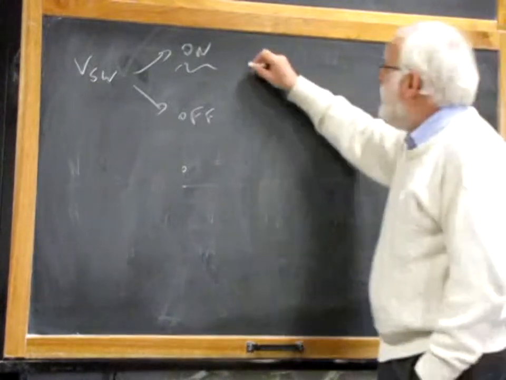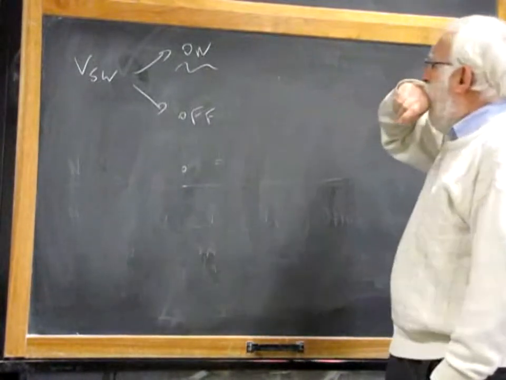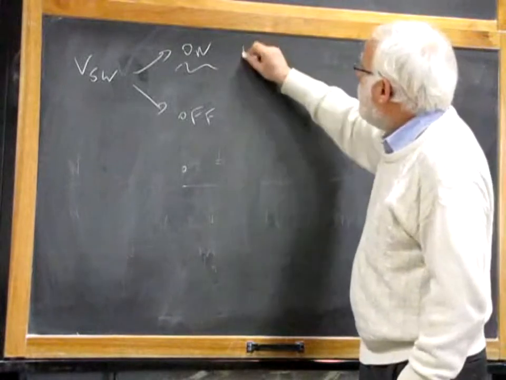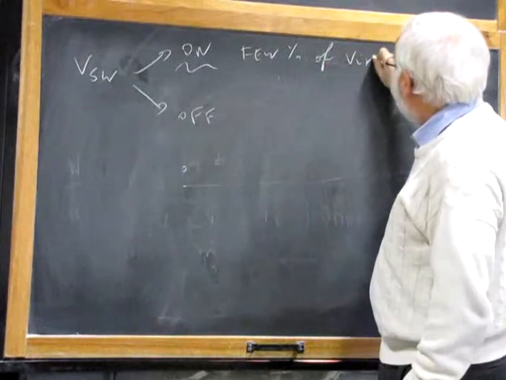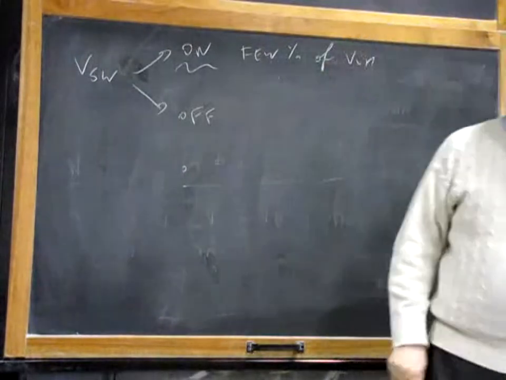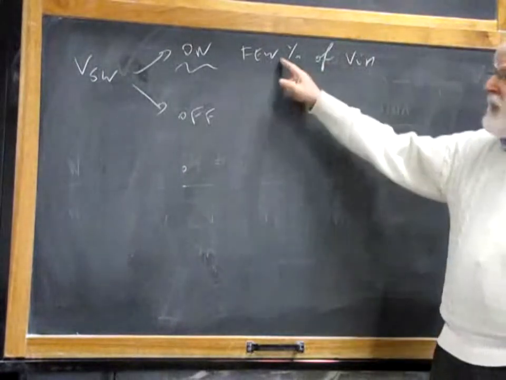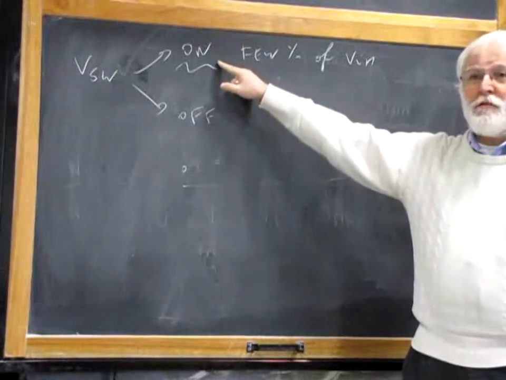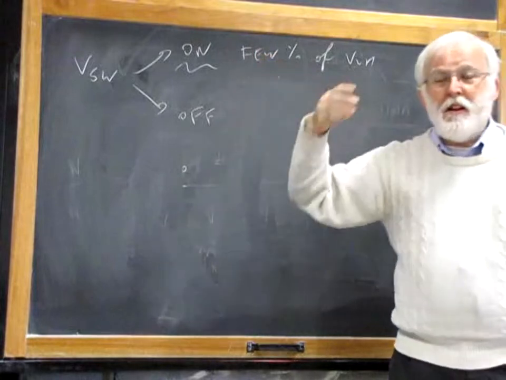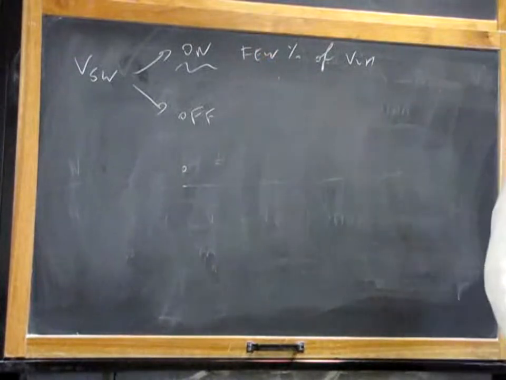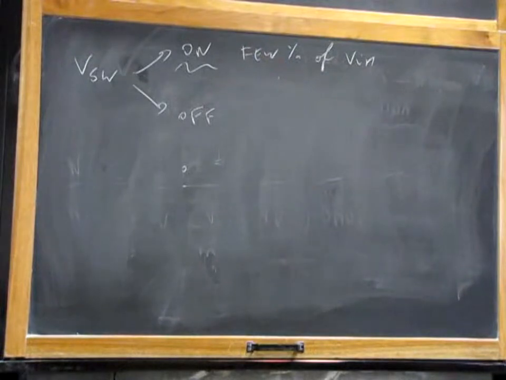And this is few percent of the input. Because every percent of voltage drop across the switch on is the corresponding percent loss in your efficiency. You want to have a low voltage drop on your switches because your input voltage is already low.